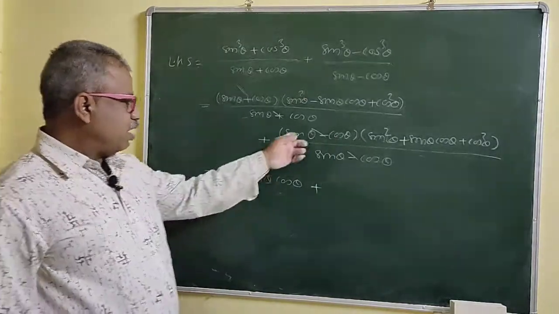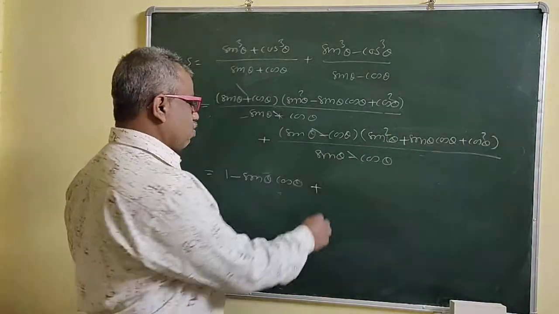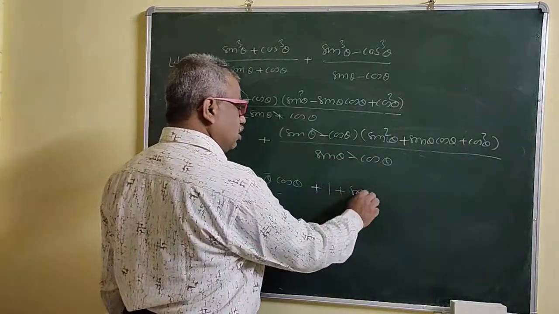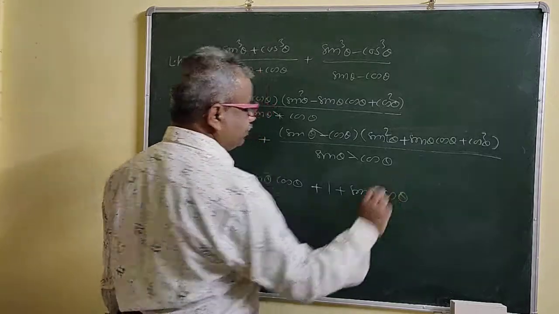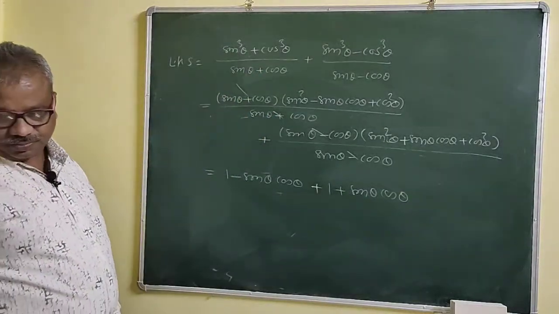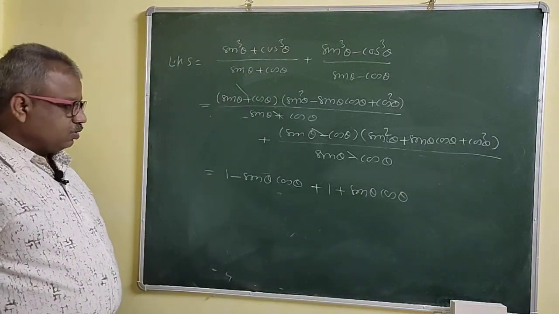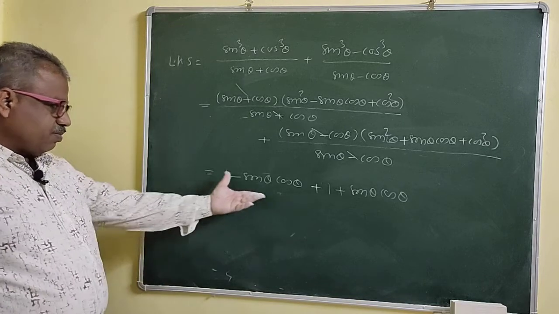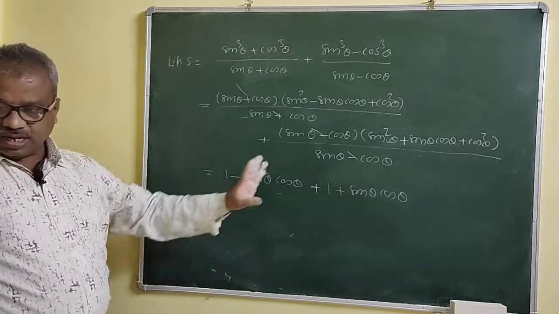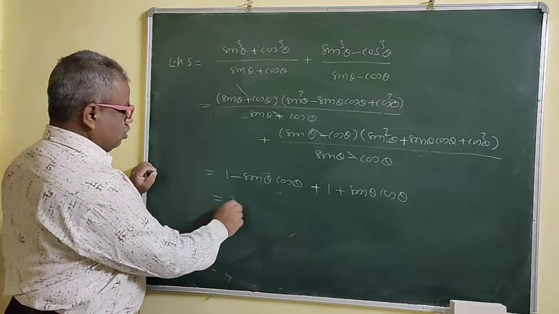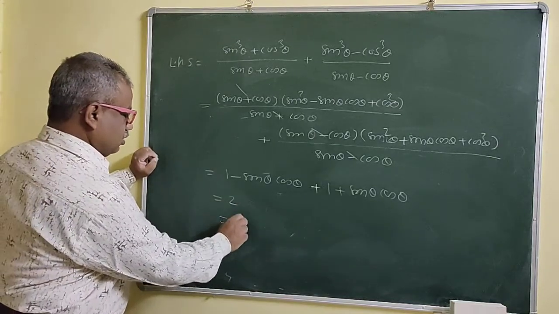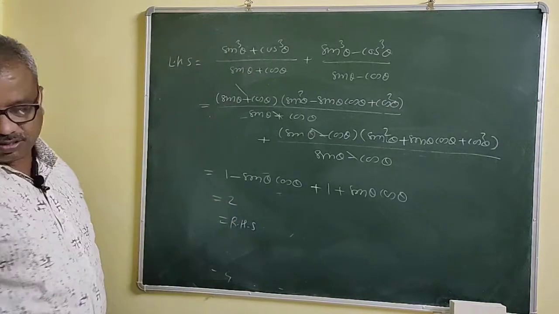So your second numerator is 1 plus sin theta cos theta. Now see, the middle term, minus sin theta cos theta gets cancelled. 1 plus 1 is 2. So this is your RHS. So very easy.